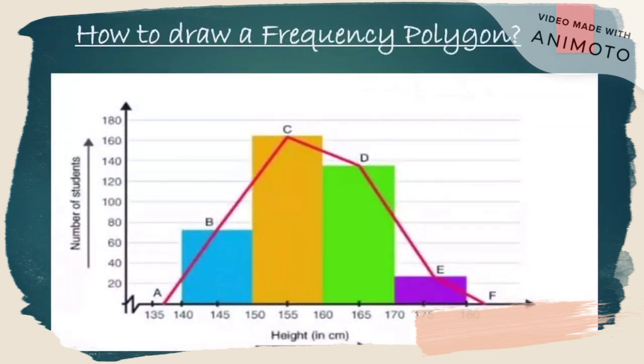So here I am going to tell about how we can draw a frequency polygon. To draw a frequency polygon, first we need to draw a histogram, and then on the top of each rectangle we will mark the midpoint.